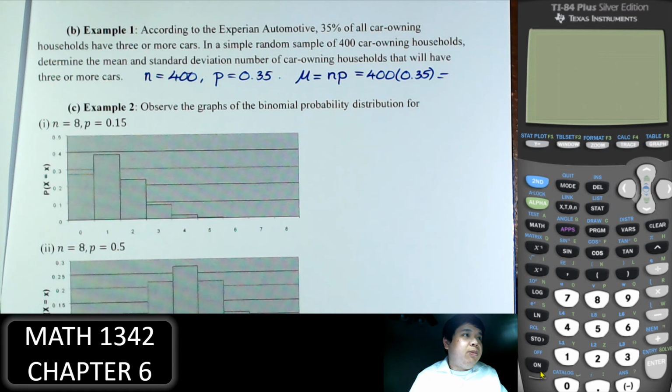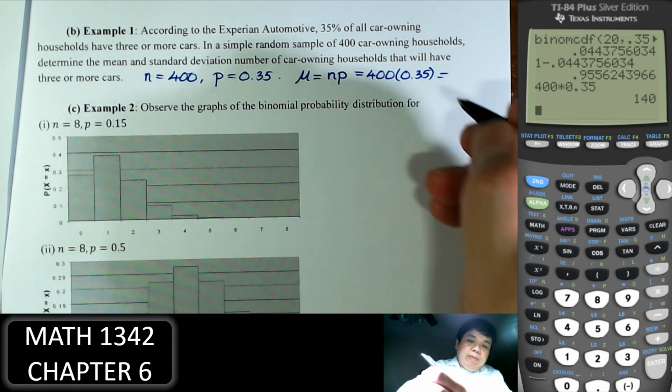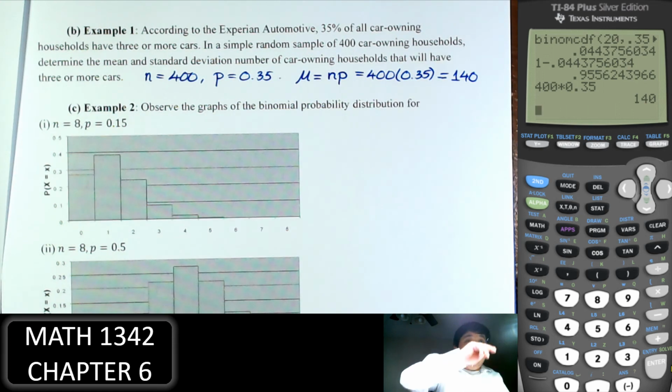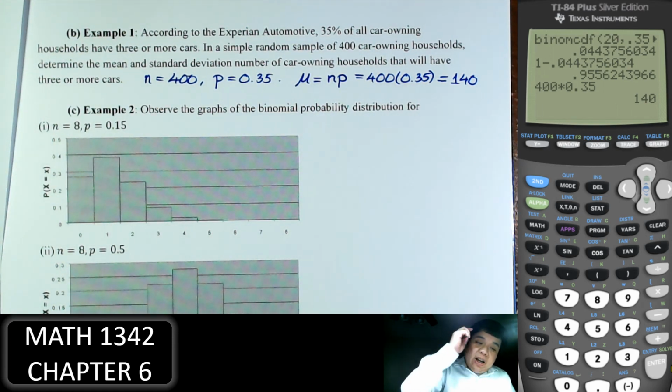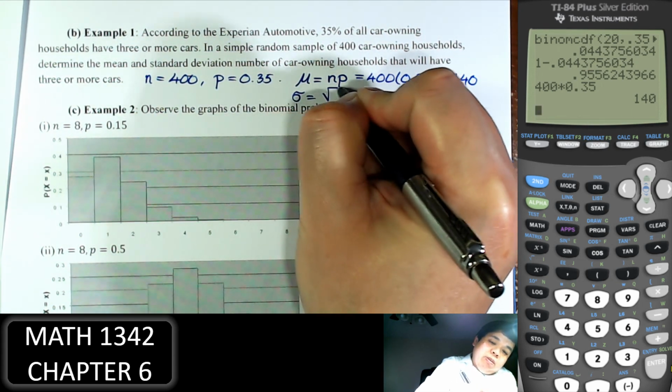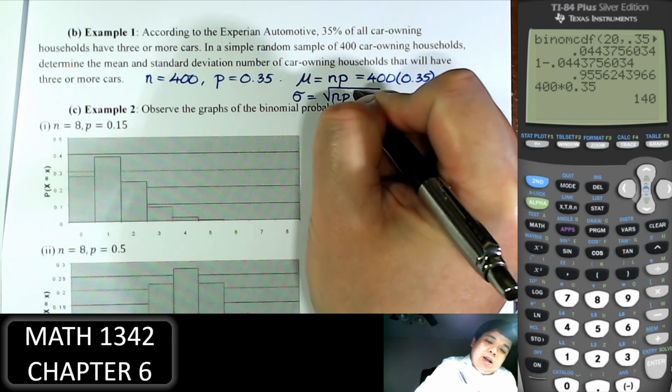Straightforward. It's 140. So the mean is 140. So expected value: if you select 400 households, we probably get around 140 households owning 3 or more cars. Standard deviation is the square root of n p times 1 minus p.